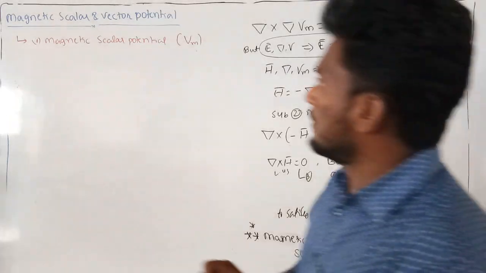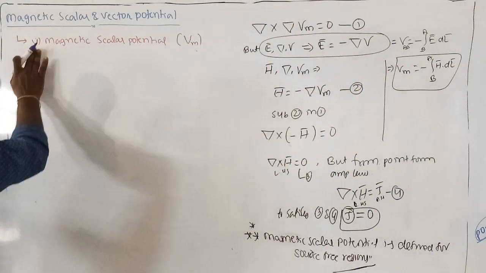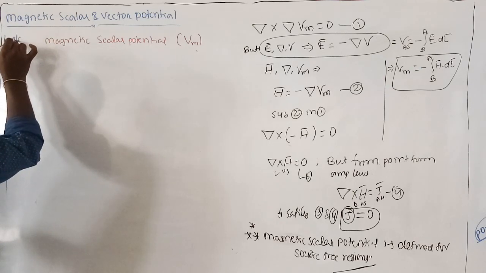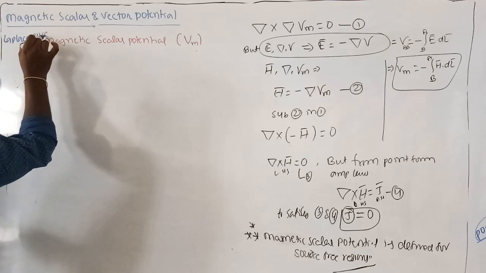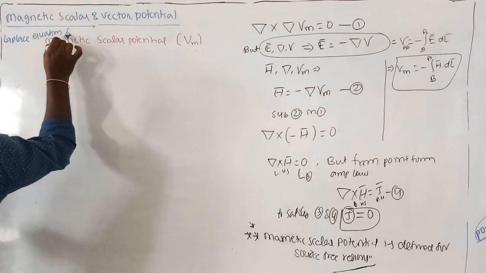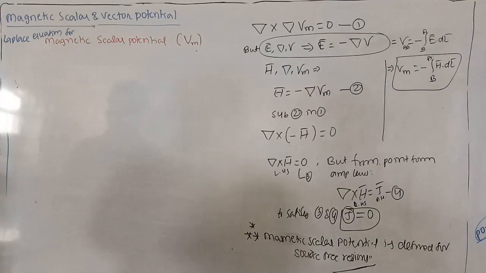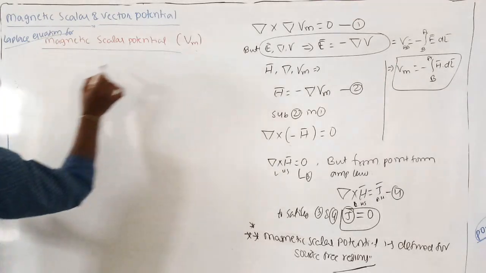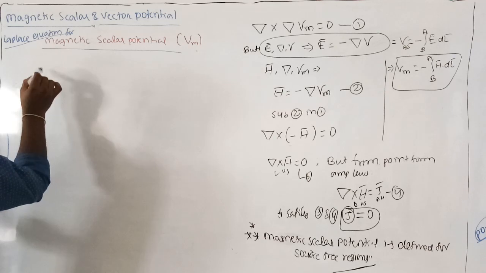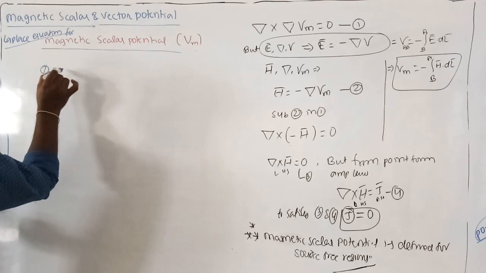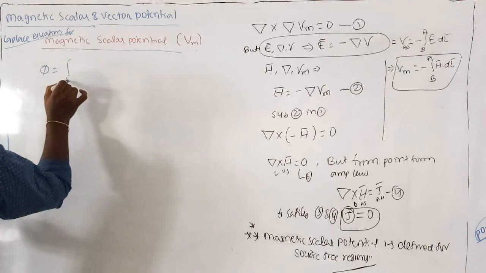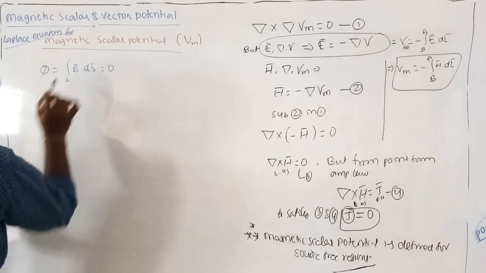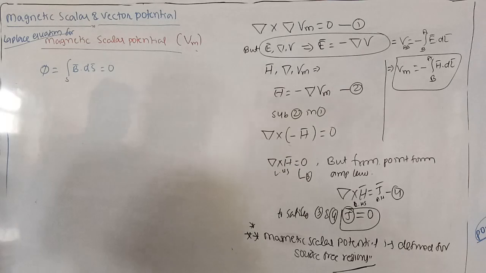So next, this is a subtopic: the Laplace equation for magnetic scalar potential. To derive it, just consider the expression of magnetic flux, which is the surface integration of B bar dot ds bar equals 0. This is for closed surfaces.